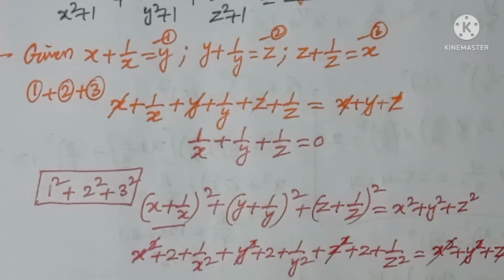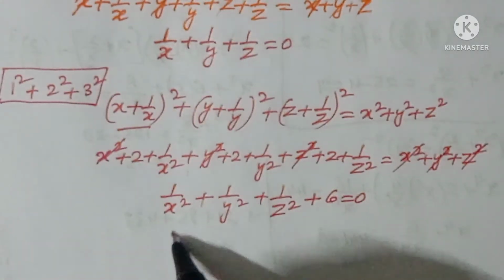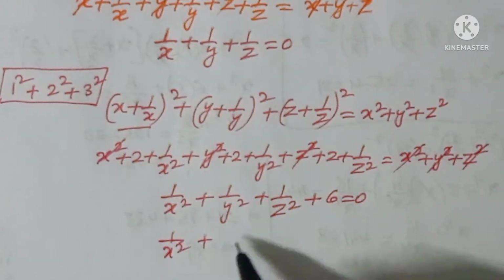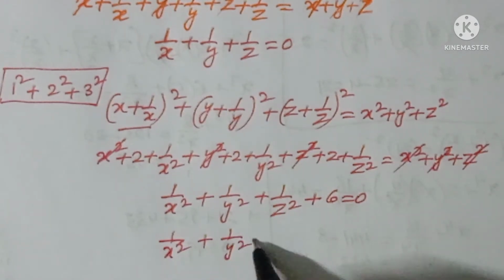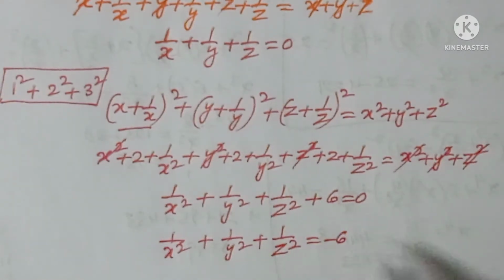What will we get here? 1 by x square plus 1 by y square plus 1 by z square plus 6 equal to 0. So you can write it as 1 by x square plus 1 by y square plus 1 by z square is equal to minus 6.